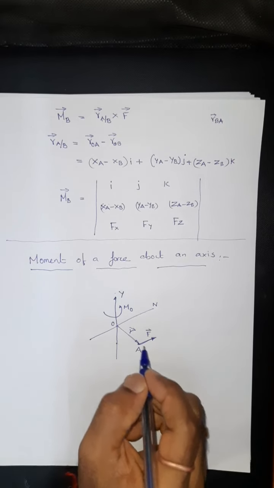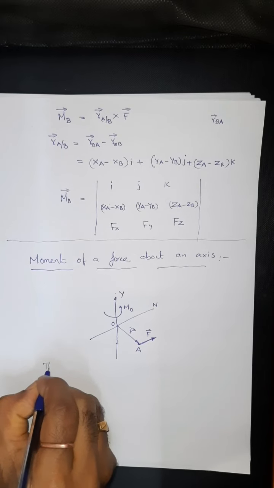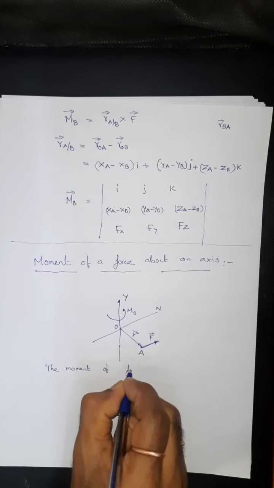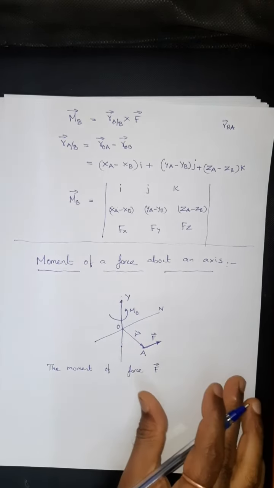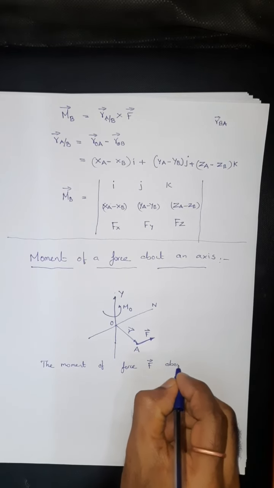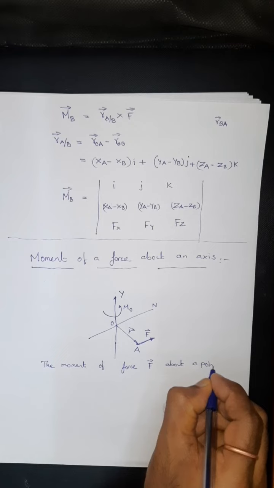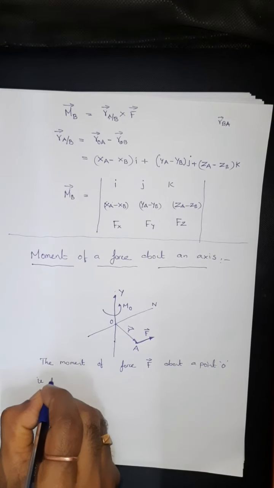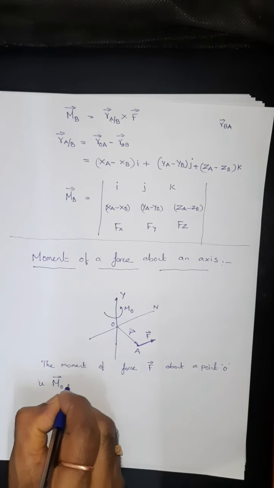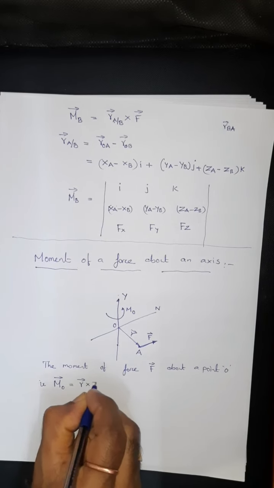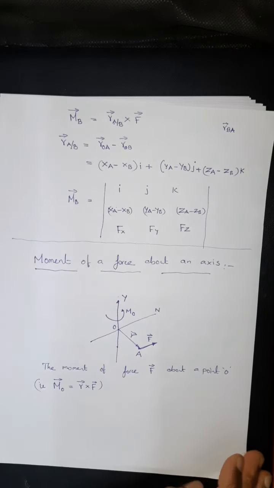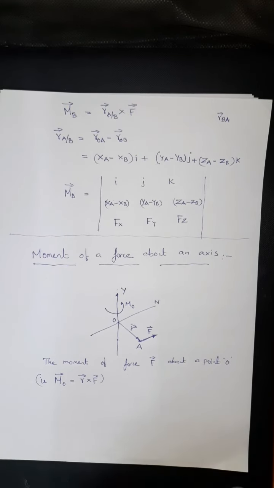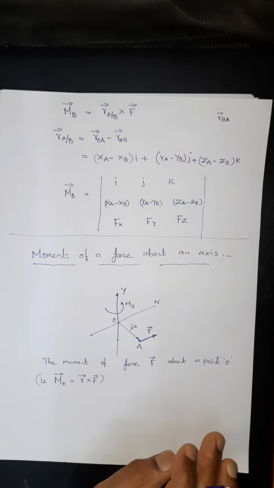Now the moment of a force vector about a point, let me take this origin O, that is moment about O equal to position vector into the force vector, isn't it? So that can be determined, right? So knowing this moment, the moment about any axis passing through O can be determined.